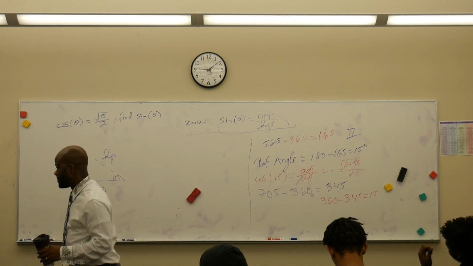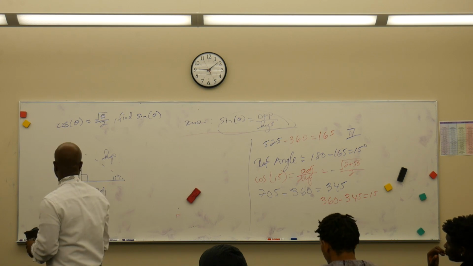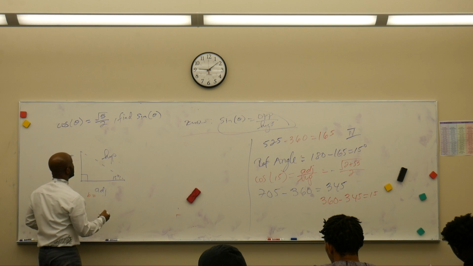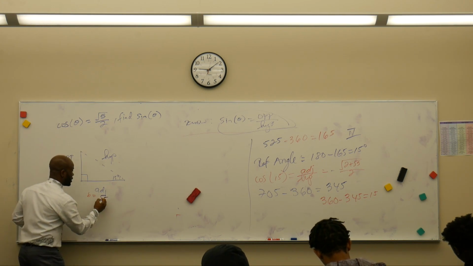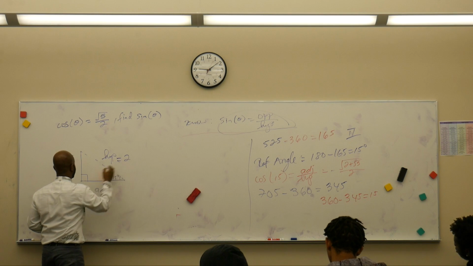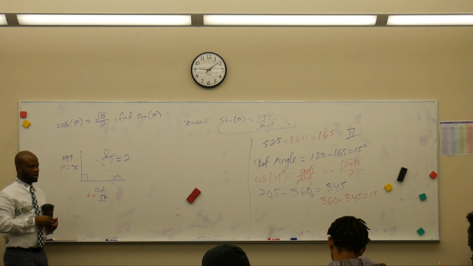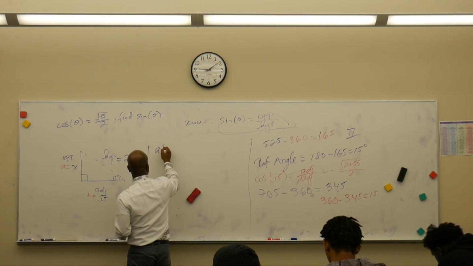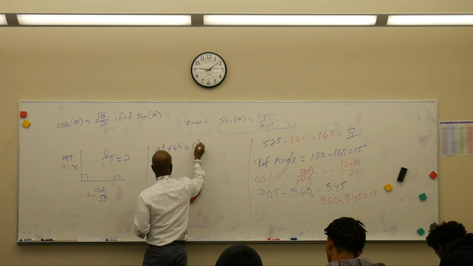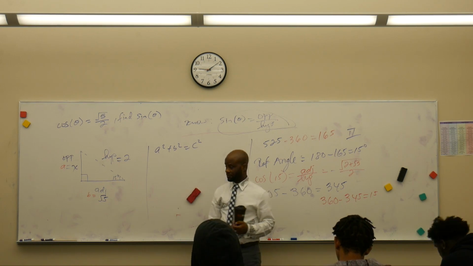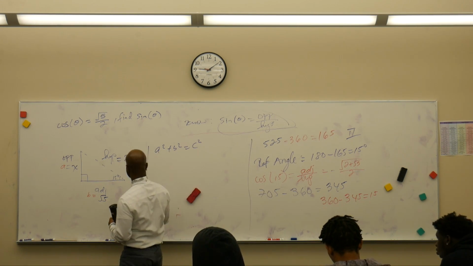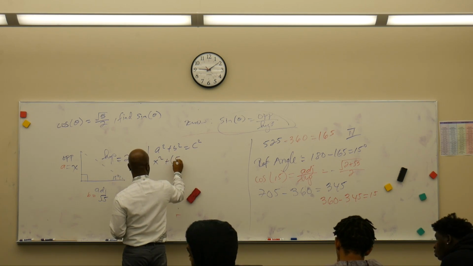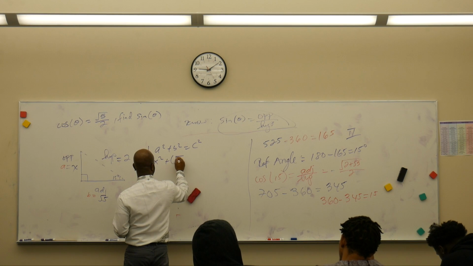You're given the adjacent and the hypotenuse, so what's the adjacent here? The square root of 5, okay? And the hypotenuse? 2, and we need to find the opposite? Okay, she said a squared plus b squared is equal to c squared, okay? Now what? What are we plugging in for what? Okay, so stop me if you can.